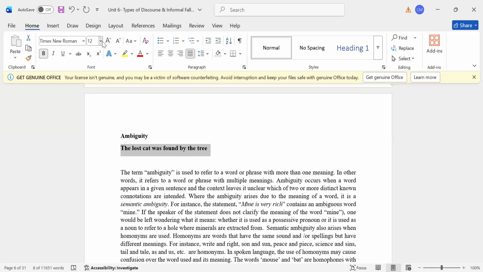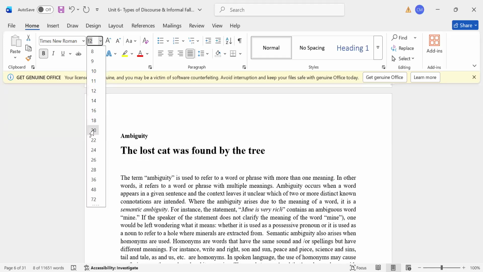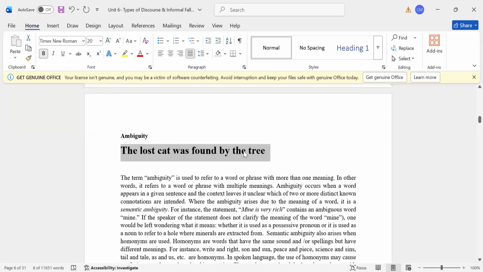So, can somebody tell me the meaning of this sentence? The lost cat was found by the tree. Can we have one meaning to this sentence? Can we have one meaning? Yes, sir. Are you sure?